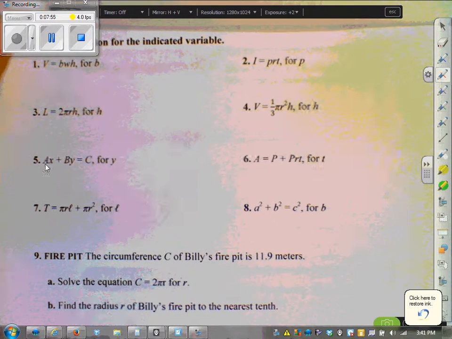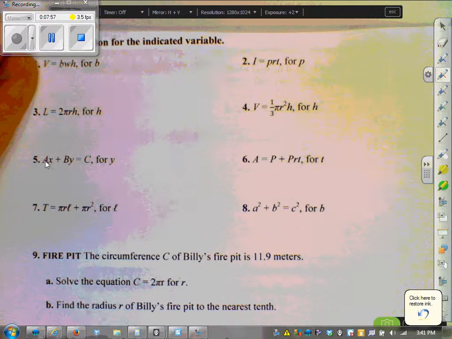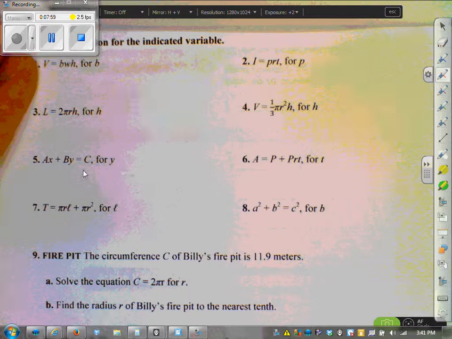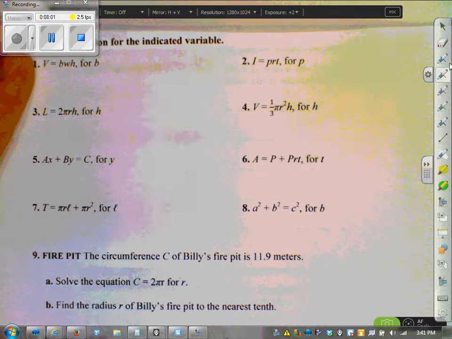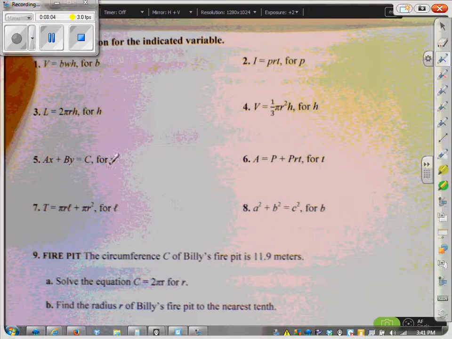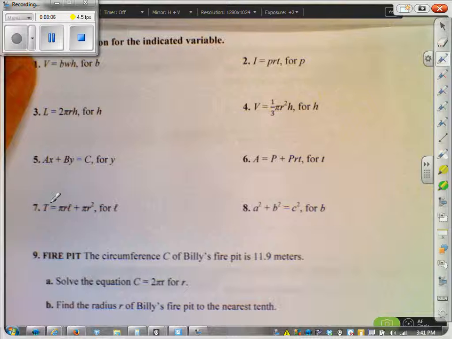Let's look at this one here. For example, ax plus by equals c. So we want to get y all by itself. Again, what's happening to y? First, it's being multiplied by a positive b. Then it's having ax added to it. So I'm going to undo this in reverse order.